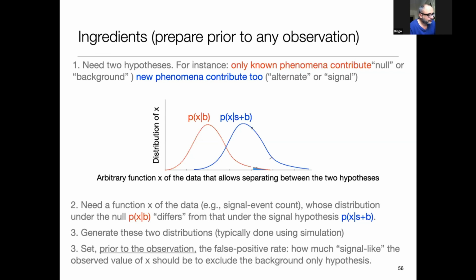And of course, when I observe the data, which is on the x-axis here, if I observe something that is very much to the right, I will be led to think that it is probably suggesting the presence of a signal. Whereas if I observe something that is very much to the left in this metric, I would be led to think that maybe the signal is excluded.